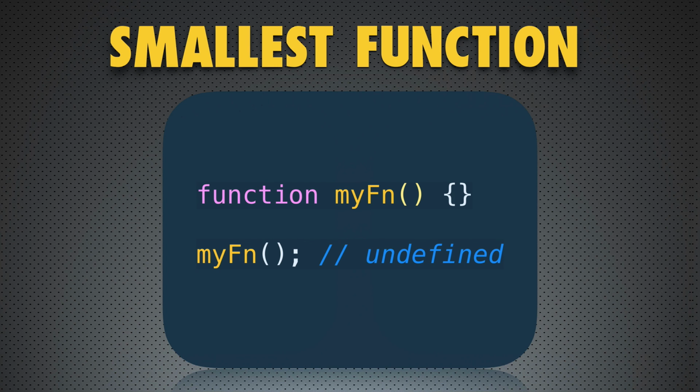In this example, you see function declaration, and in the function declaration, you cannot omit function keyword, function name, in this example myFn, parentheses, even if you don't have parameters, you must add parentheses, and pair of curly braces. You cannot also omit them.